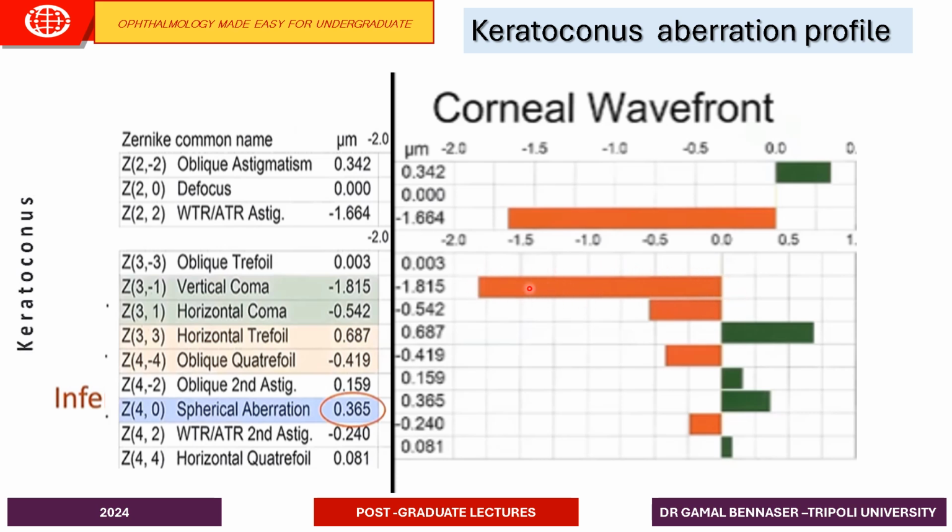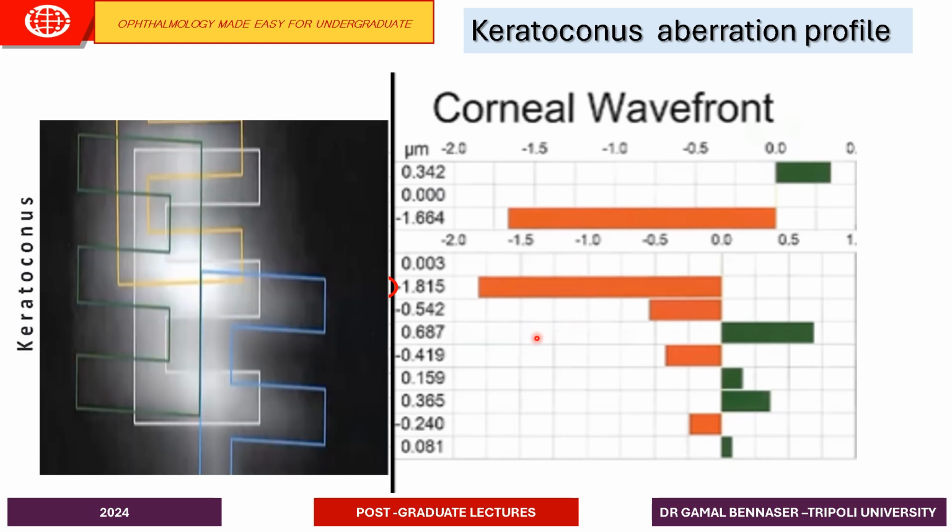Like these patients with negative vertical aberration reaching 1.8, which is very high, and nearly negligible spherical aberrations, because the cone is displaced inferiorly. Such a patient will benefit from the implantation of an intracorneal ring to improve this vertical aberration.